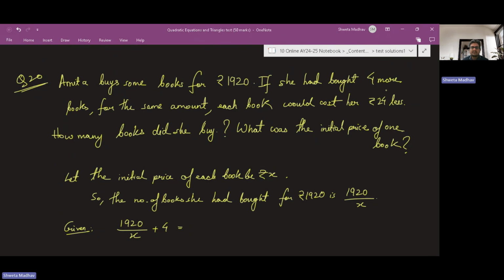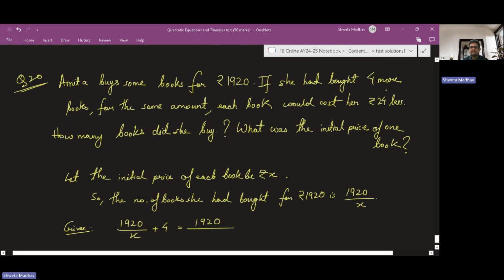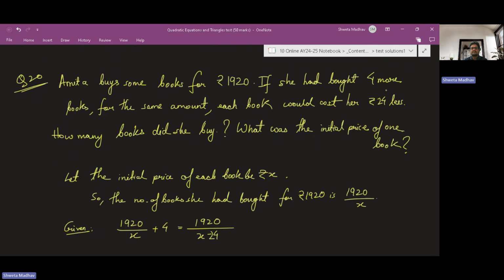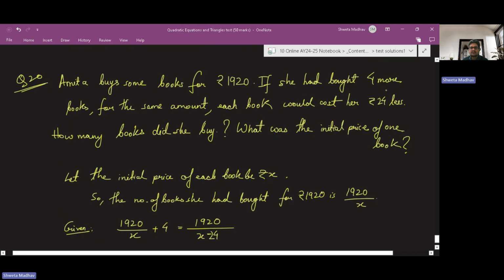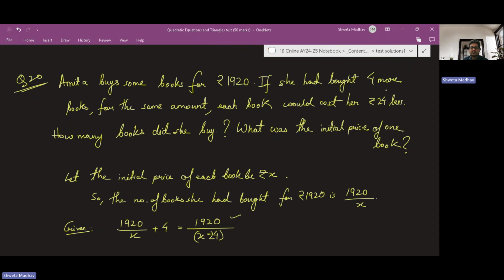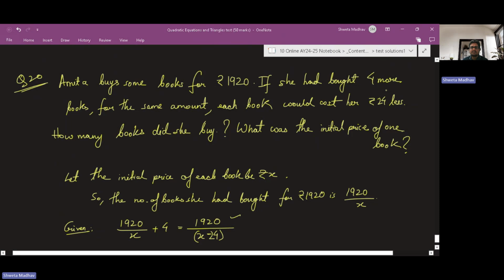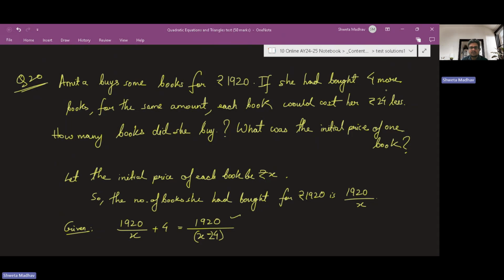It means the cost is X minus 24, so the number of books that she will buy will be 1920 by X minus 24. That will be four more than what she would have bought, using the same amount.